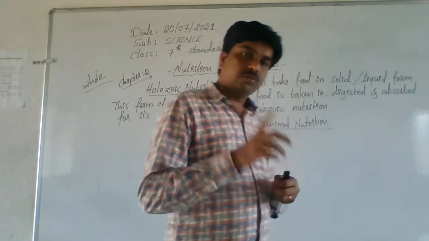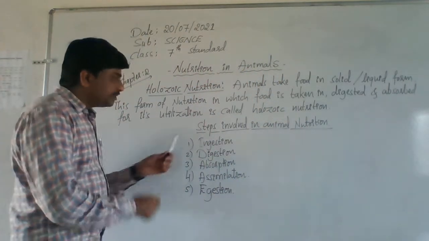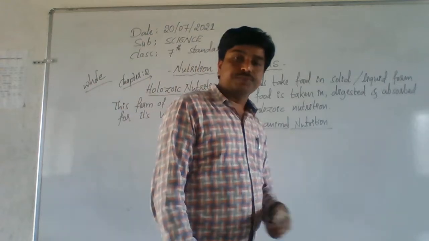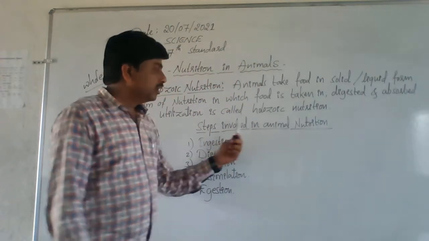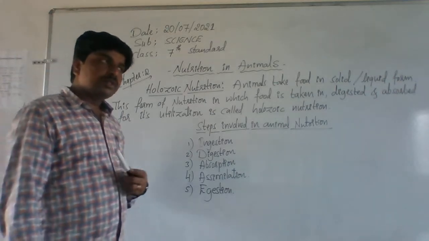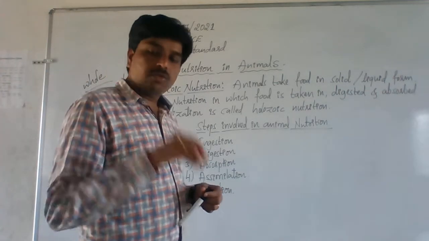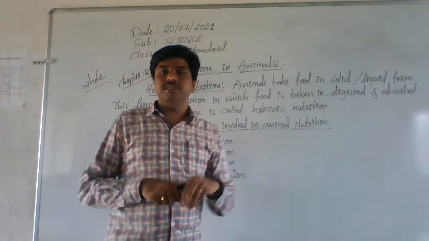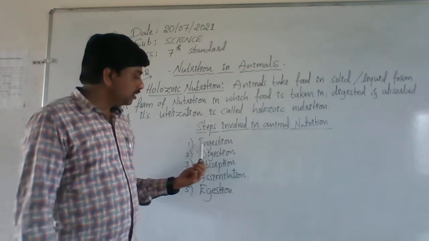Clear or no, students? Okay, let's see the steps involved in animal nutrition. There are basically 5 steps. Which are those?